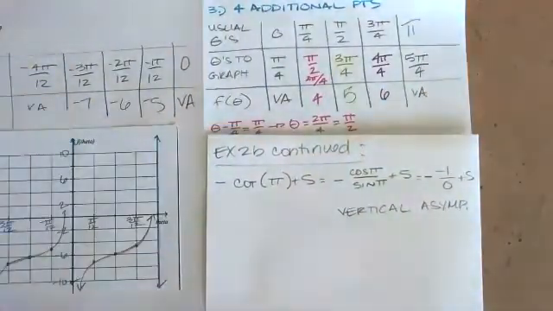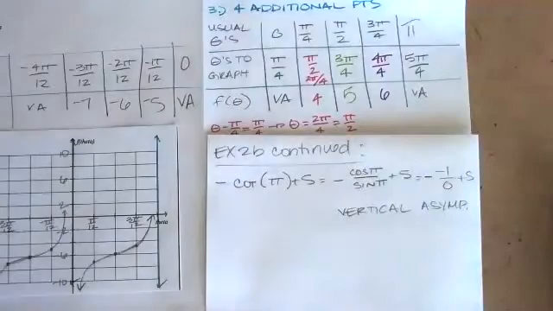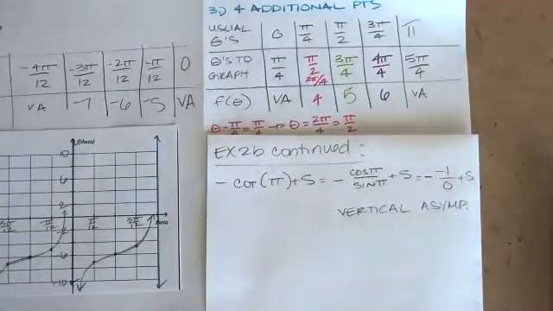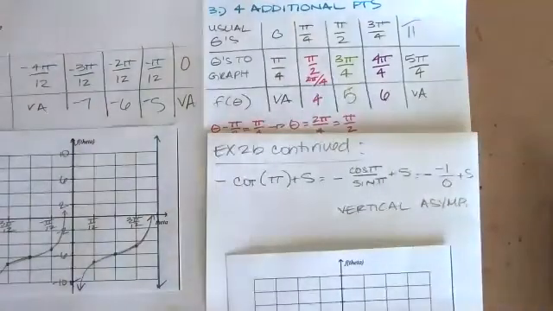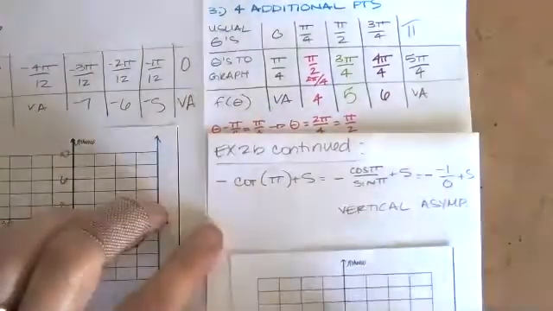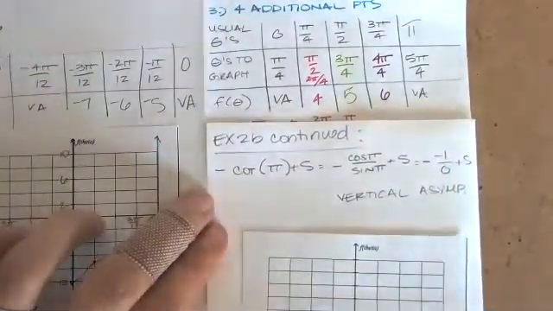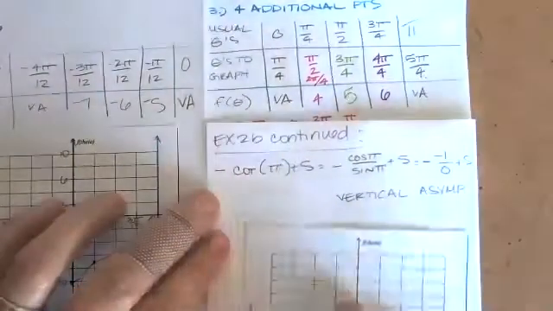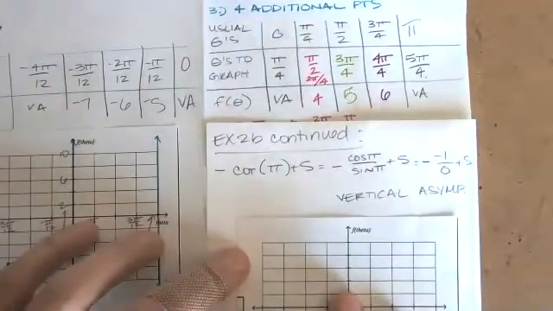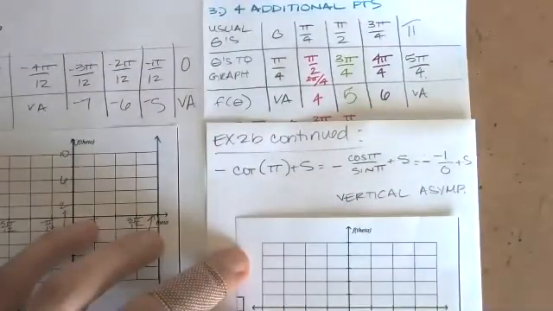Okay, and let's come up with our graph. We'll talk about the domain and the range, and then we'll be all set for today. Looks like we want to count by, we've got 5 pi over 4 here, so what do you think?